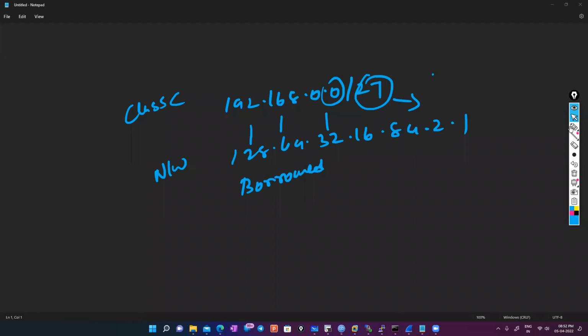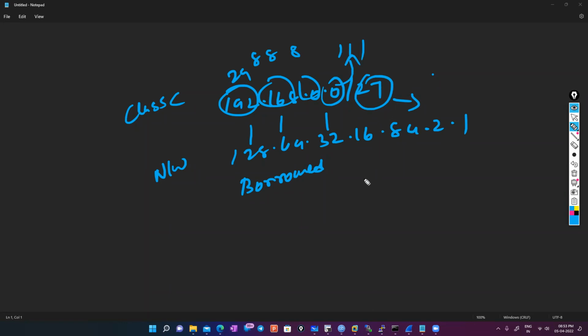From the CIDR value, I can make a calculation like this: 8, 8, 8 is 24, and remaining 3: 25, 26, 27. I borrowed 3 bits.